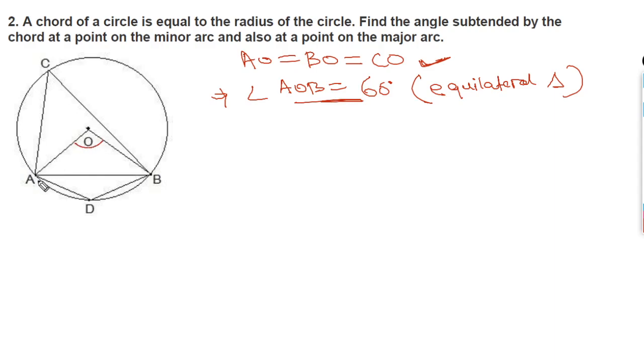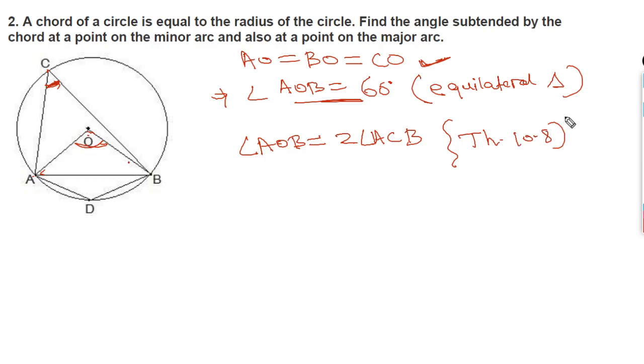Now this chord AB or this arc ADB is making an angle AOB at the center. Now the same chord or same arc is subtending the angle ACB at this point C. So we can say angle AOB is equal to 2 times angle ACB, isn't it? Why? You can give the reason theorem 10.8.